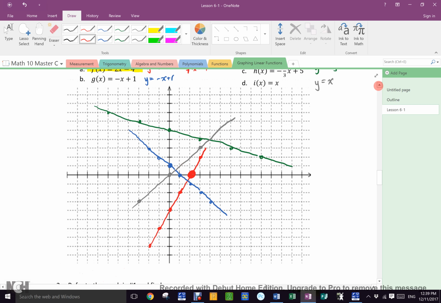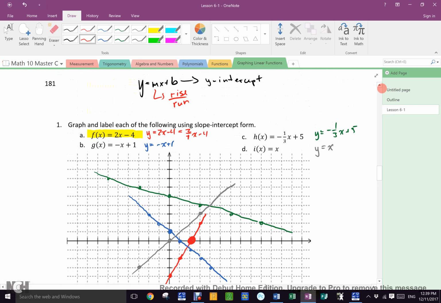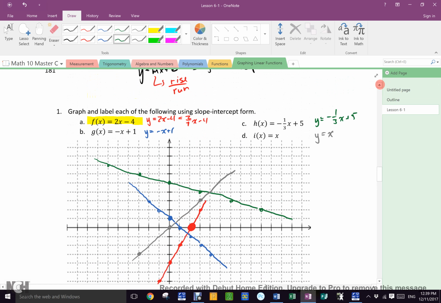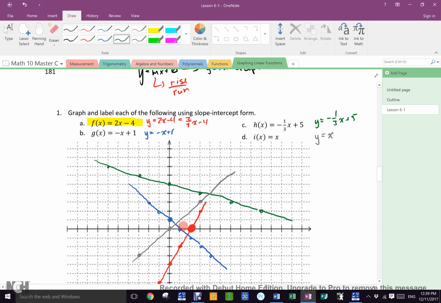H of 3, what color line is H? It's the green line, correct? So from the green line, I don't have h of x, I have h of 3, which means I have to go on the x-axis equals 3. So where is x 3? 1, 2, 3.